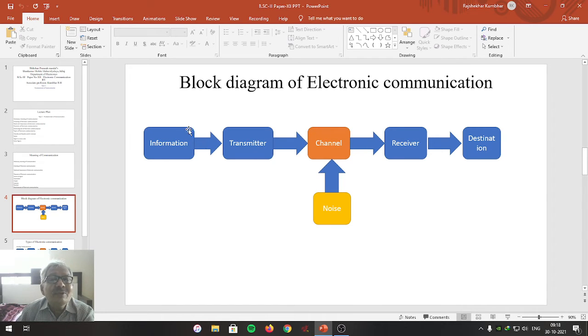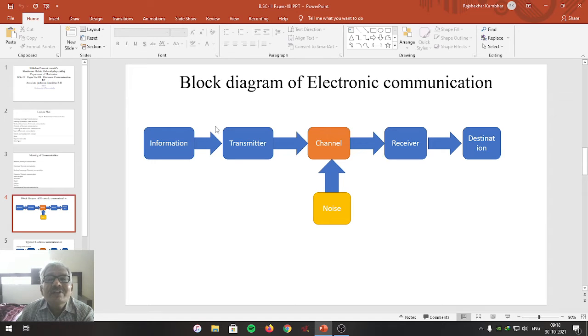This electrical signal, proportional to the information message, is processed now. It is amplified. It is modulated. The processing of the electrical signal containing the message information takes place in the transmitter. It is amplified in the transmitter, modulated in the transmitter, and converted into a high frequency signal.